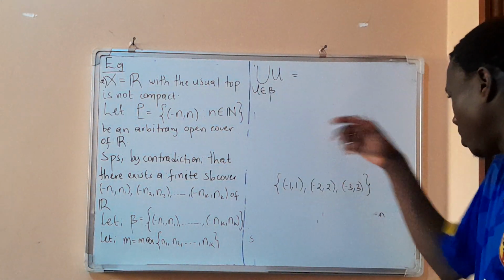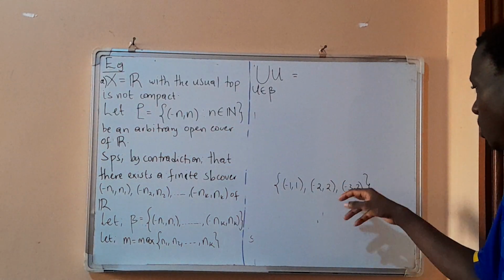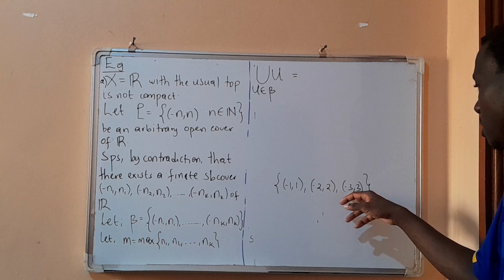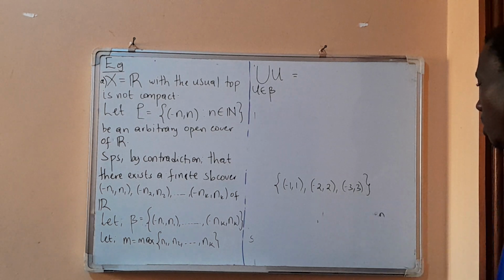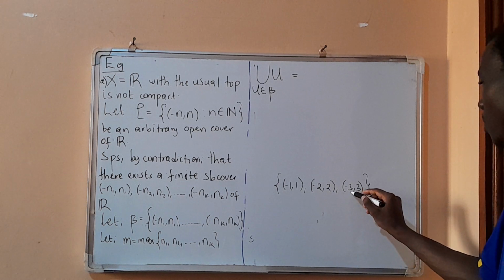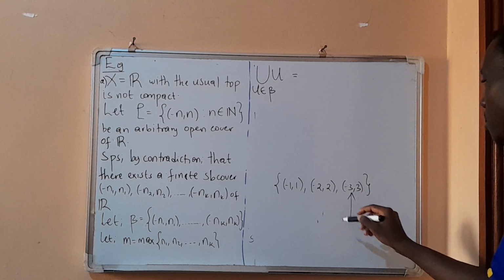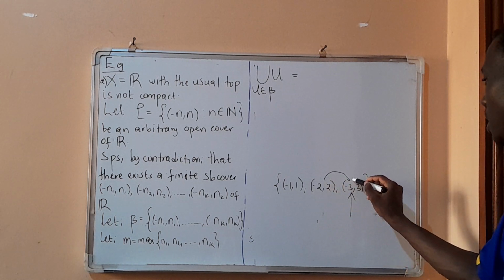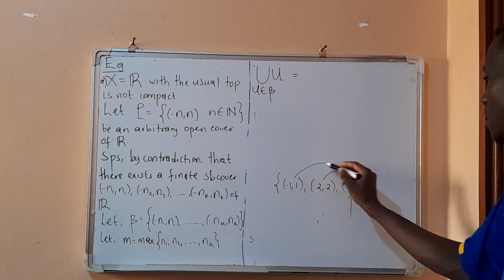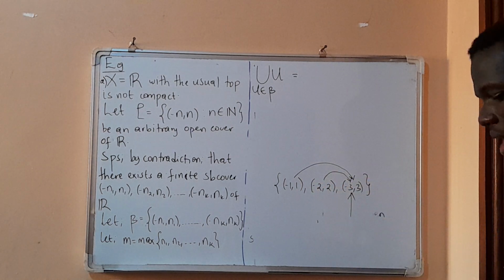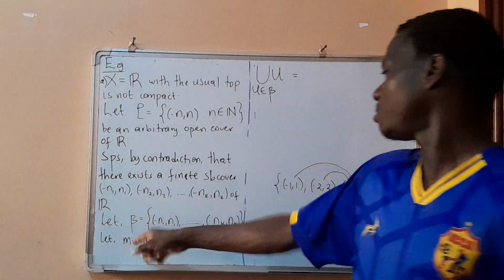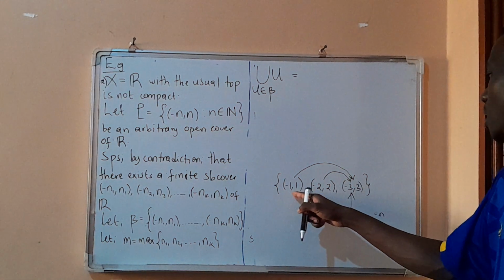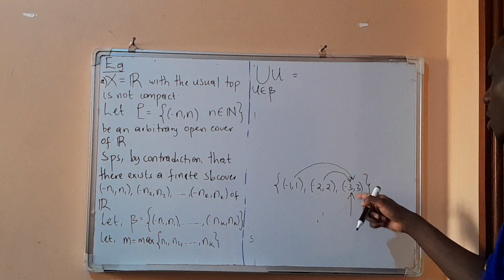You realize that if I compute the union here, that union will actually be this set, because within this set we have this embedded here, also this is embedded there. So that's why I had to let M be the maximum of these N1, N2, N3.